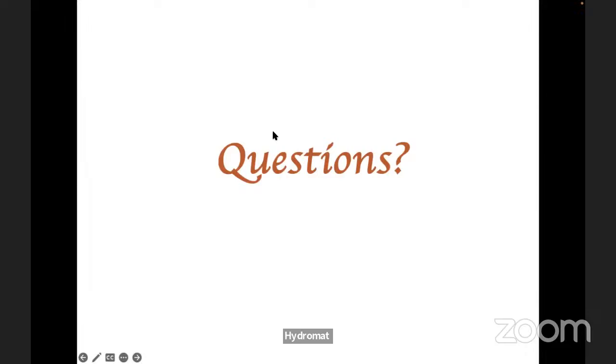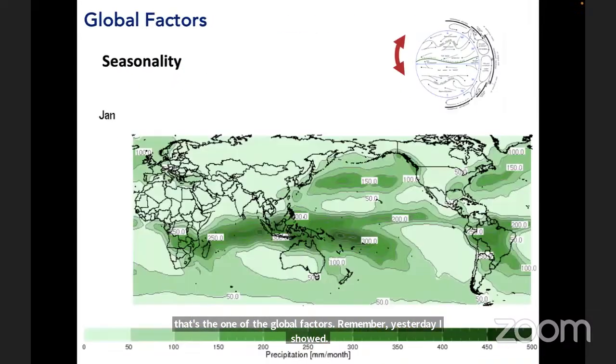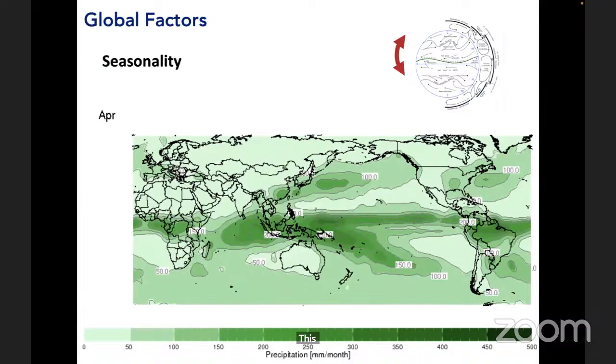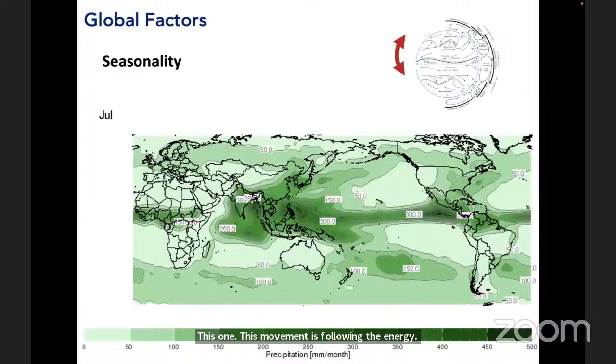In terms of how the amount of incoming solar energy matters, that's one of the global factors. Remember, yesterday I showed these graphics. This movement is following the energy. It's moving up and down. This is the rainfall belt.